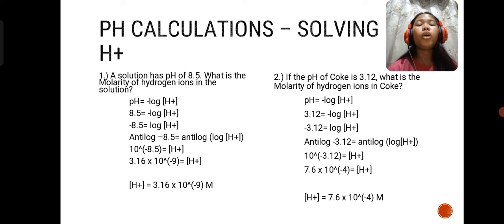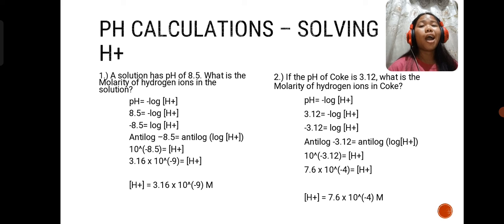Then we do the antilog, 10 raised to the power of x, where x is the pH, negative 3.12. Input it in the scientific calculator and you will find the answer 7.6 times 10 raised to the power of negative 4.